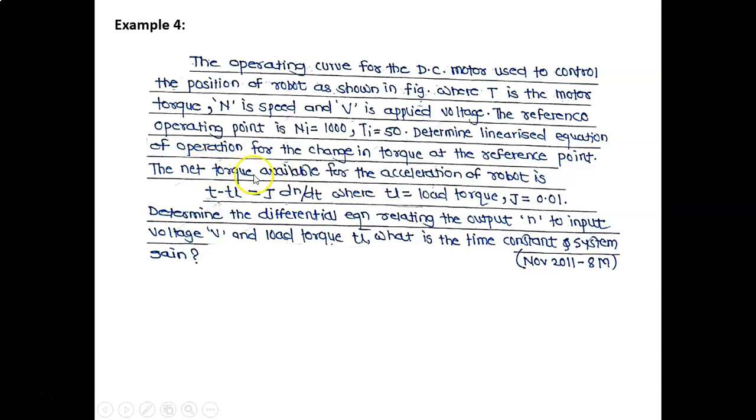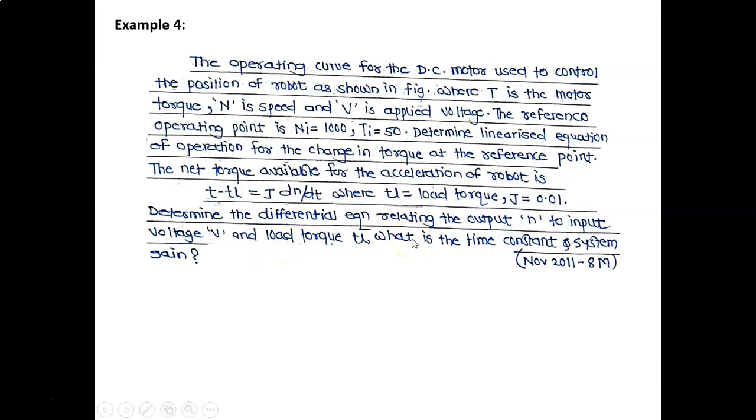The net torque available for the acceleration of the robot is T minus TL equal to J into dN by dt, where TL is the load torque and J is equal to 0.01. Determine the differential equation relating the output N to the input voltage V and load torque TL.